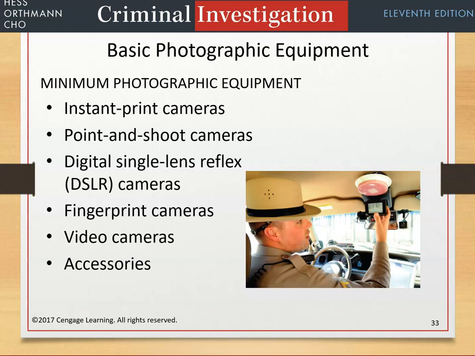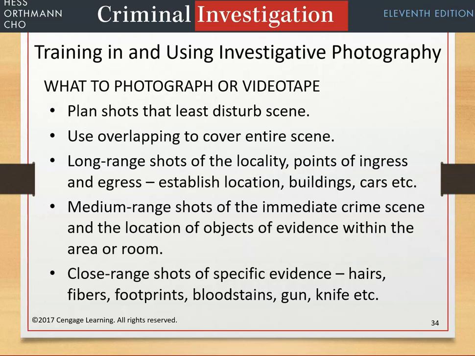You have all of this different stuff. You even have the ability to use special light source options, like black lights, that will pick up body fluids and even blood when certain chemicals are sprayed. So again, these are other items that have to do with not just photographic equipment, but lighting accessories. So there's a lot of different things that are out there.